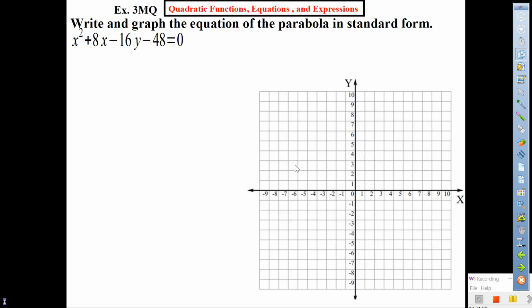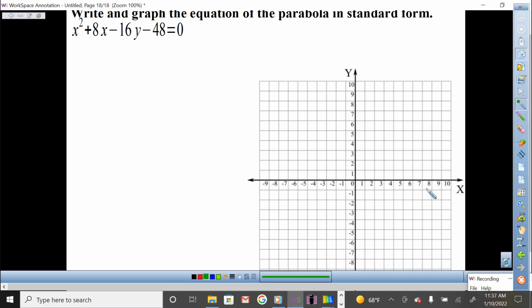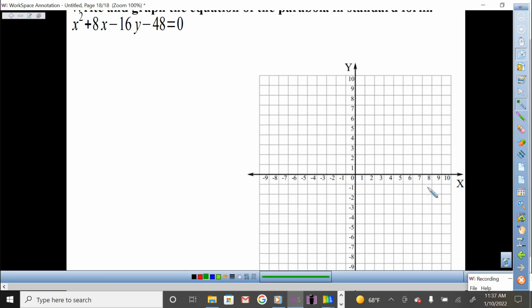Example 3. x squared plus 8x minus 16y minus 448 equals 0. Question: which variable has the square? x.